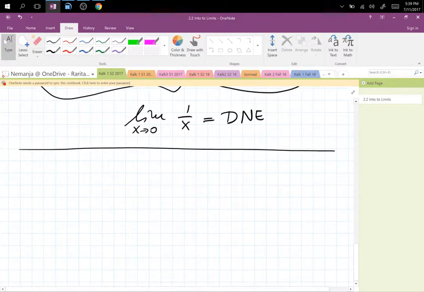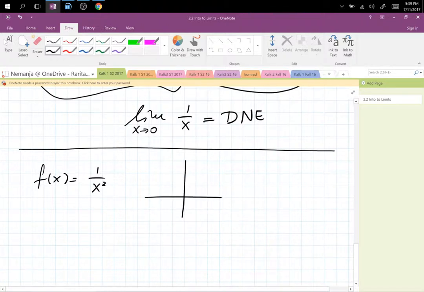Final example. F of x equals 1 over x squared. Now you might have some trouble graphing this because you might not have used this before. Looks like this. What is the f of 0?